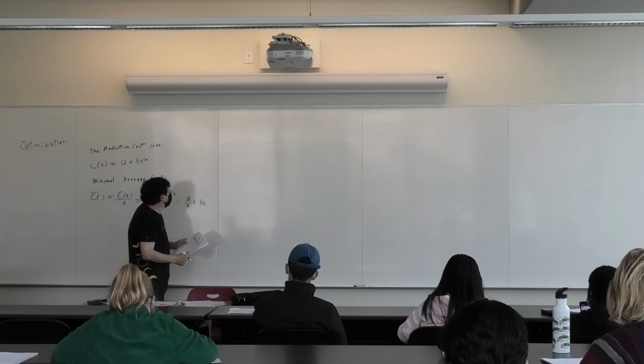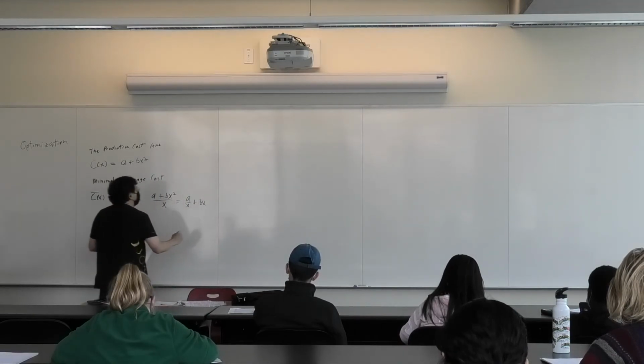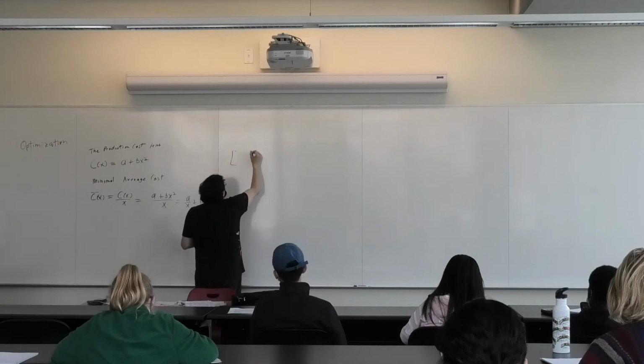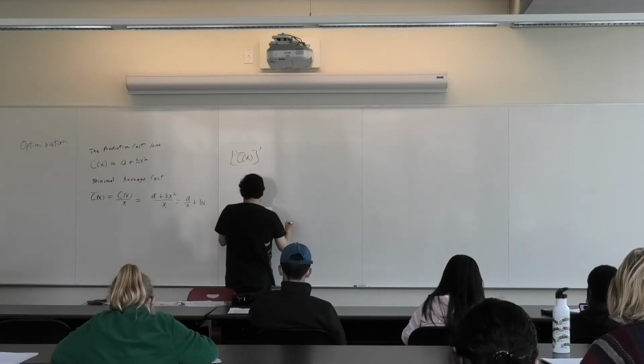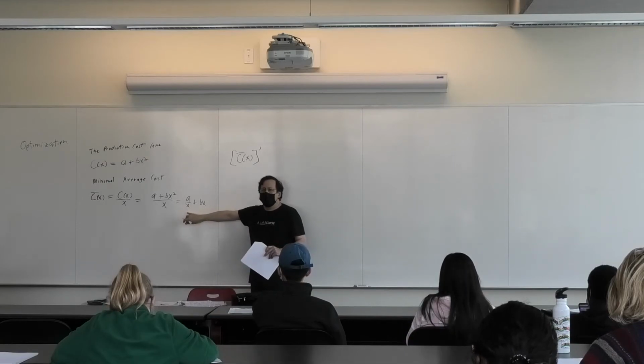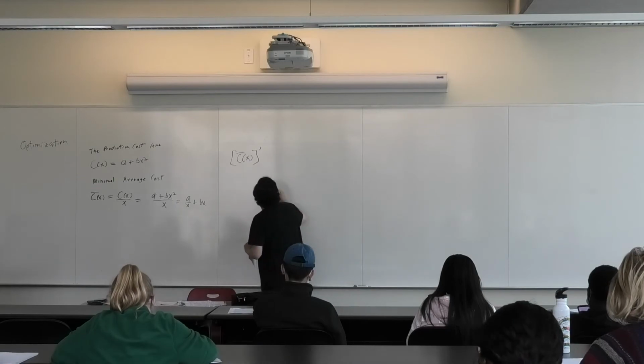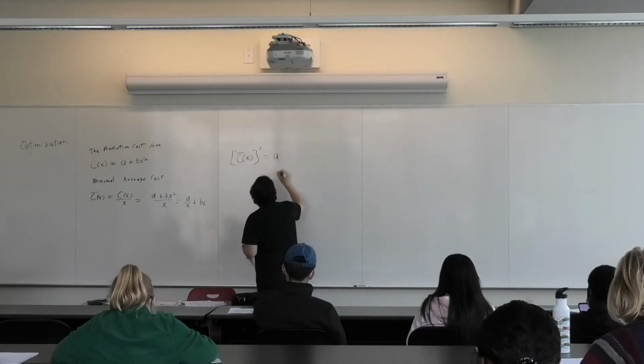So what do we have to do? We have to find the derivative of the average cost. And what's the derivative of a over x? It's obviously going to be a times something.